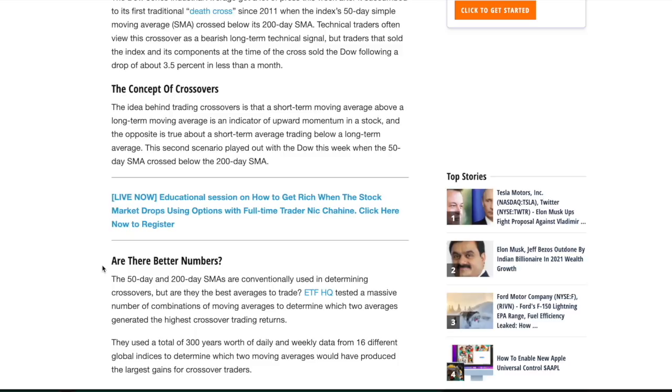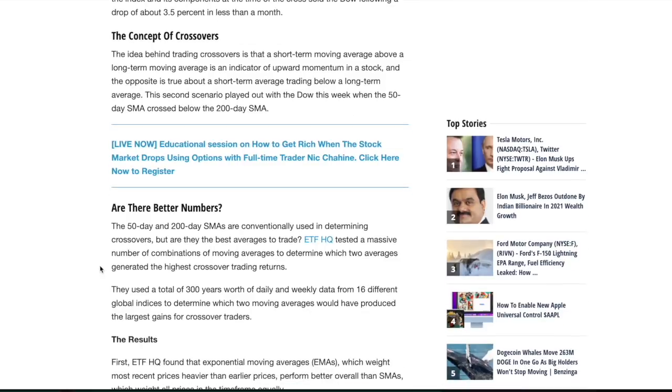ETF HQ tested a massive number of combinations of moving averages to determine which two averages generated the highest crossover trading returns. They used a total of 300 years worth of daily and weekly data from 16 different global indices to determine which two moving averages would have produced the largest gains for crossover trades. And guess what it is? 1348. So there's a lot of data backing up this strategy.